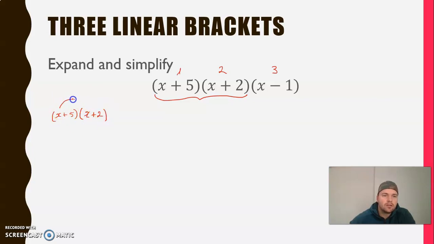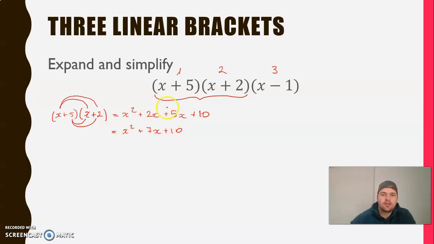You do the first with first, first with second, and so on. x times x is x squared, x times 2 is 2x, plus 5 times x is 5x, plus 5 times 2, which is 10.